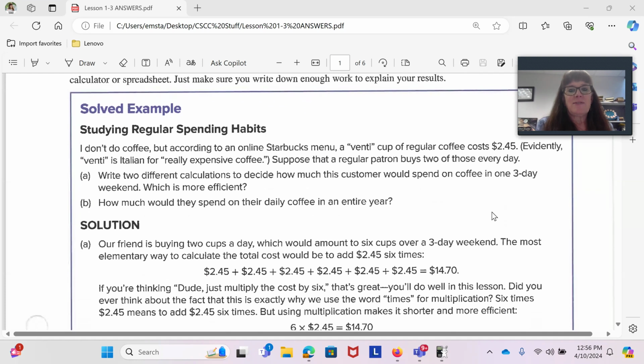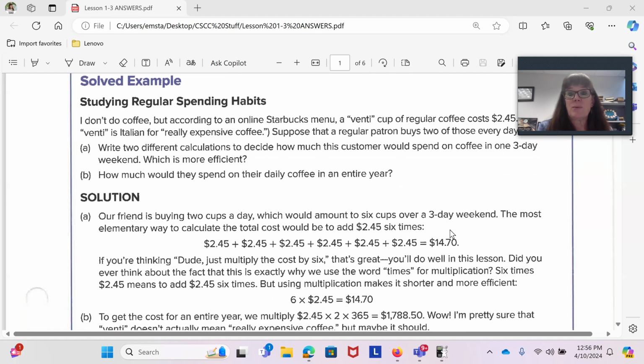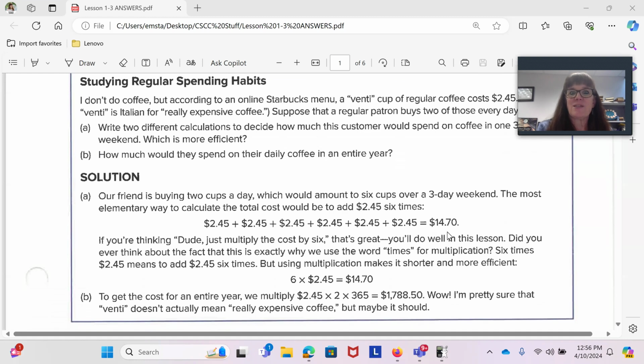So we have an example of someone who is purchasing coffee at Starbucks. This regular cup of coffee costs $2.45. They buy 2 cups every day. So they're talking about how to calculate how much they would pay in a 3-day weekend, and then how much they would pay for the entire year if they did that every day of the year.